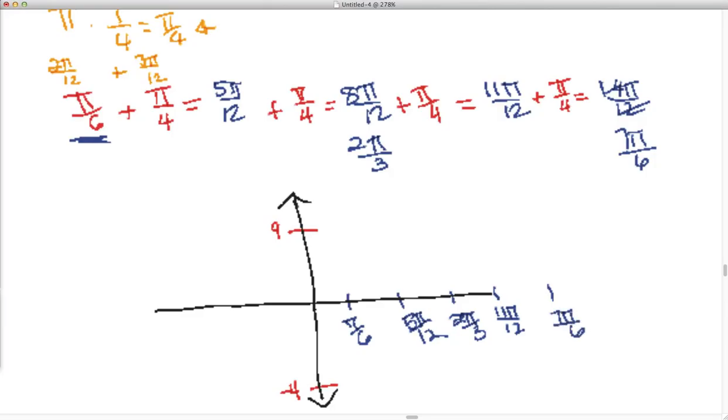Alright, now that we've got that down, we can go ahead and draw the graph. So cosine, again, normally starts at the peak, but we're going to start at the very bottom now. And then the next point on cosine is an axis point.